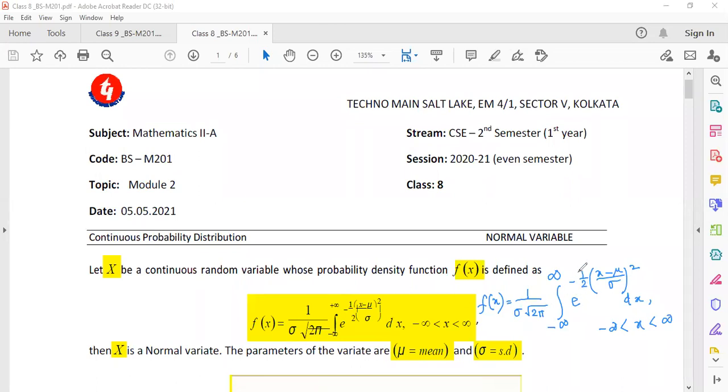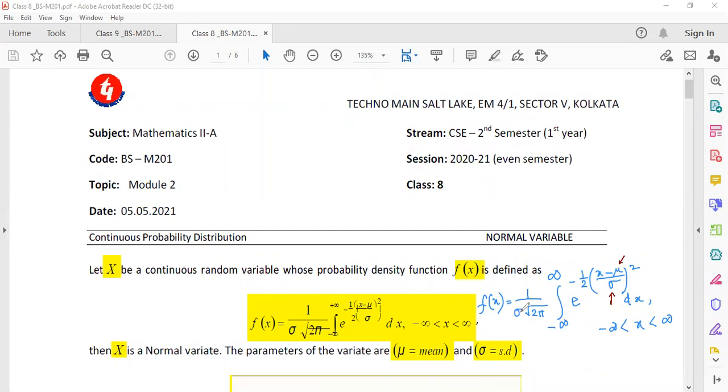And e to the power of something, if I put different values of x, you will get different exponents, according to the expression given. This entire expression will be known and can be integrated only if we know the values of mu and sigma. If you do not know the values of mu and sigma, then you cannot know the function and you cannot integrate it.